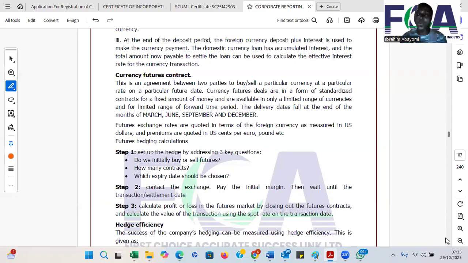However, currency futures contract is different from forward contract.